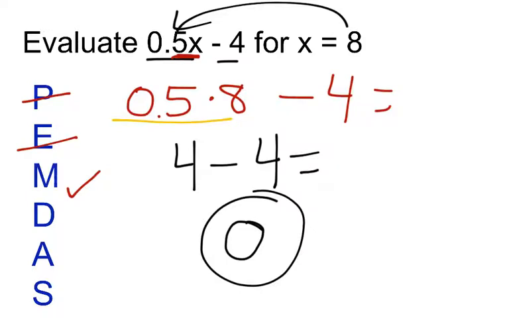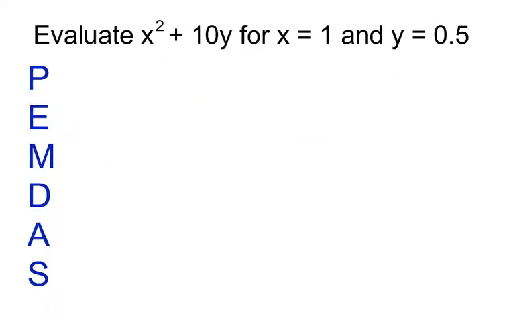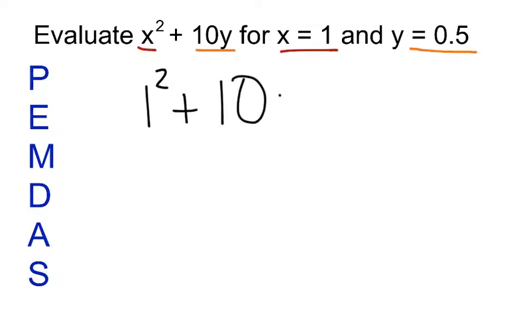Moving on again. What if you have more than one variable? Well, it's just important that you keep track. In this case, I'm going to color coordinate mine. So I have y is 5/10. So I'm going to rewrite the expression with my numbers instead of my variables. So that gives me 1 squared plus 10 times 5/10 for y.